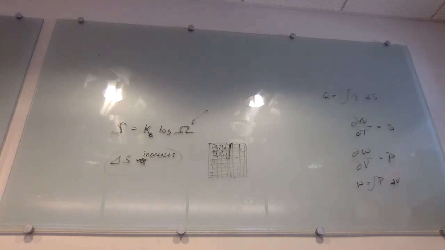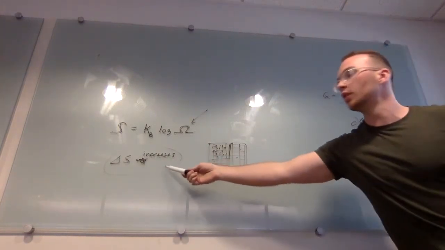There are reasons why that's true, but whatever. It just means it's roughly proportional, because log is an increasing function. So basically, the more microstates there are, you'll likely find yourself in the future in a configuration that has more microstates than in the past. And that's the second law.